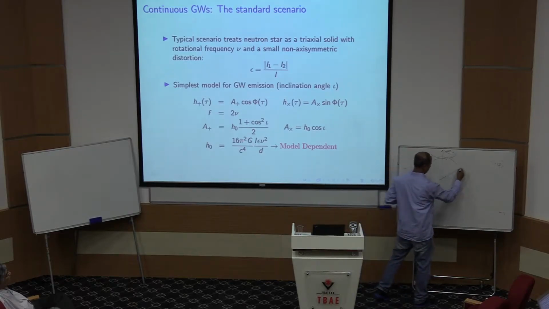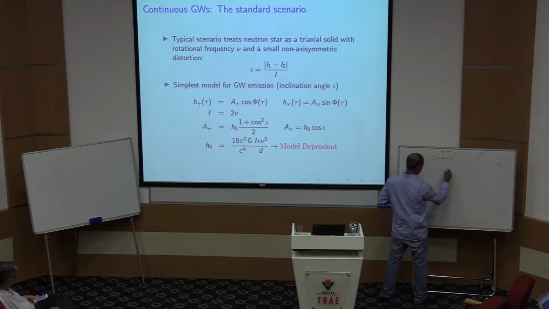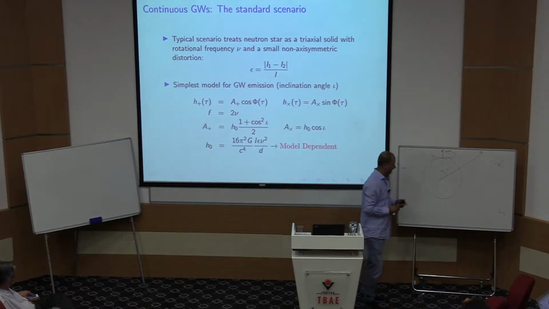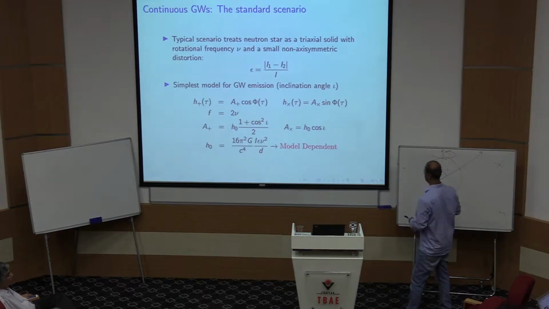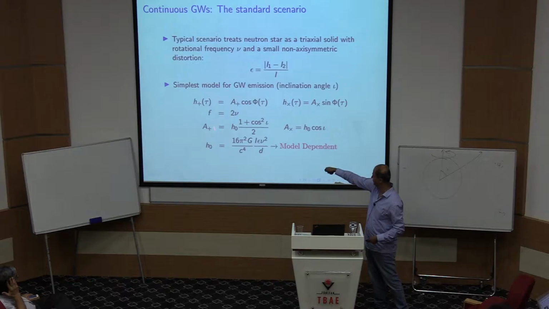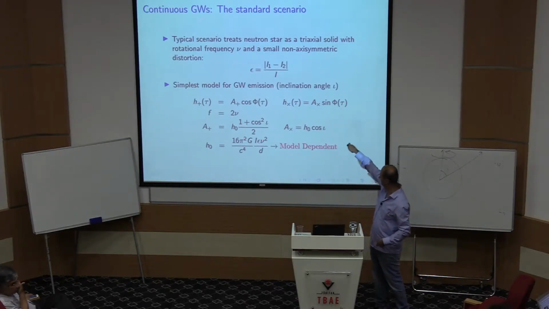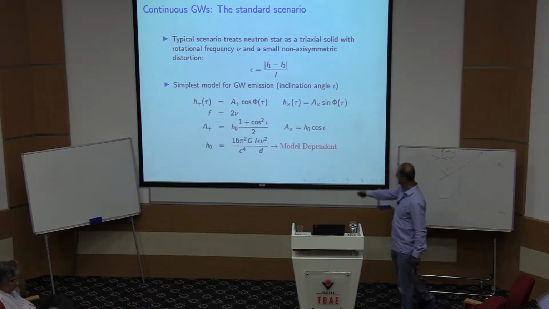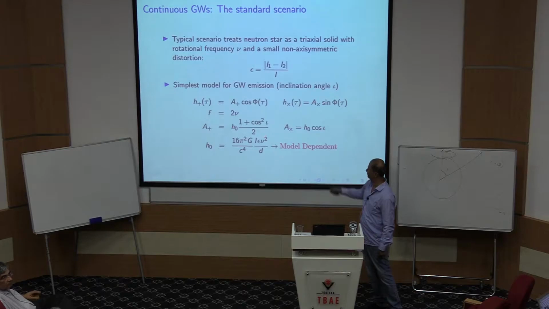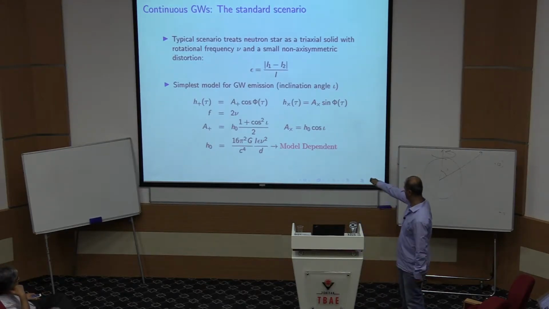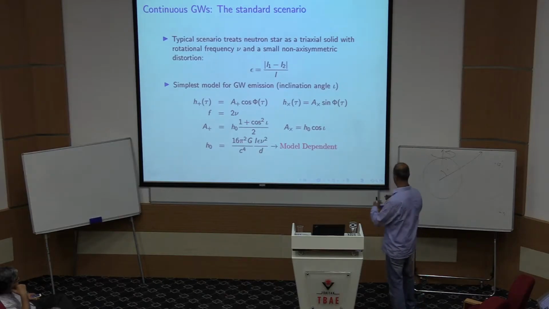Our detector is somewhere along this direction, and this angle is iota. Then the wave that is seen is of this form. A plus and A cross depend upon h naught, which in turn depends upon epsilon, the distance to the detector, and the rotational frequency nu.